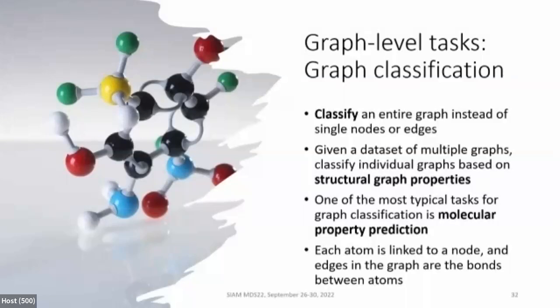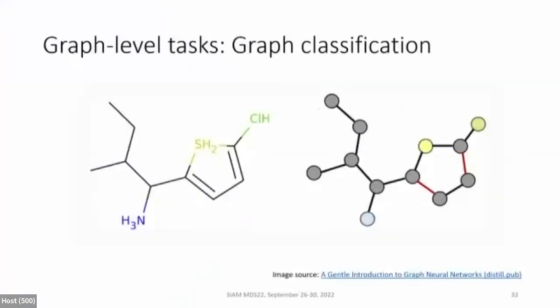You can predict multiple properties, and this is based on the atoms being connected together in the graph with all the bonds between the different atoms.